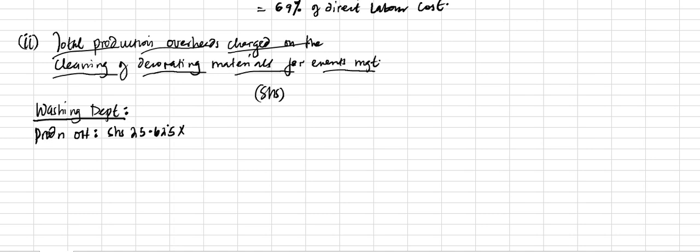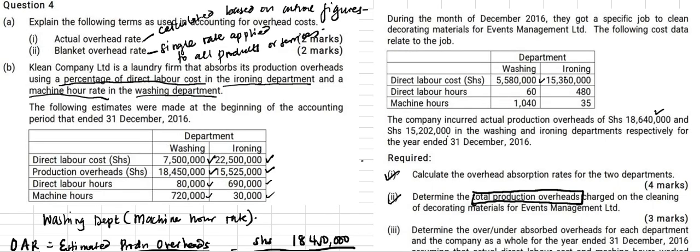We have to find out the machine hours that are required to perform that job. We see the specific data for this job. The job requires 1040 machine hours in the washing department.